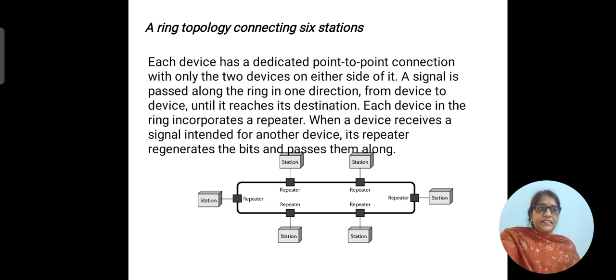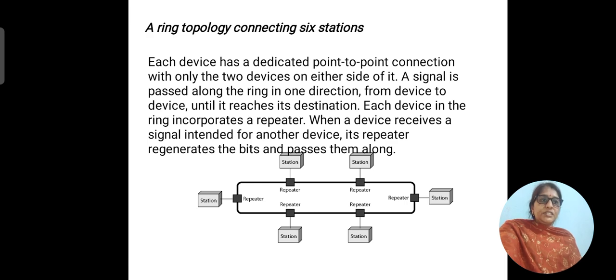Each device in the ring incorporates a repeater. When a device receives a signal intended for another device, its repeater regenerates the bits and passes them along.